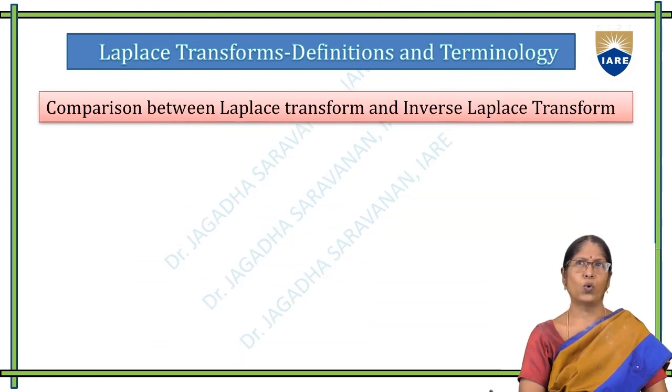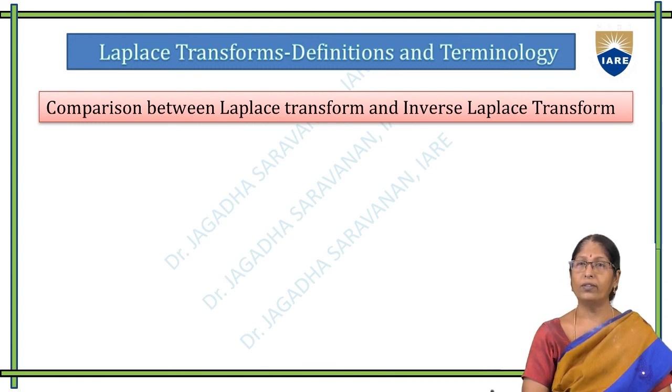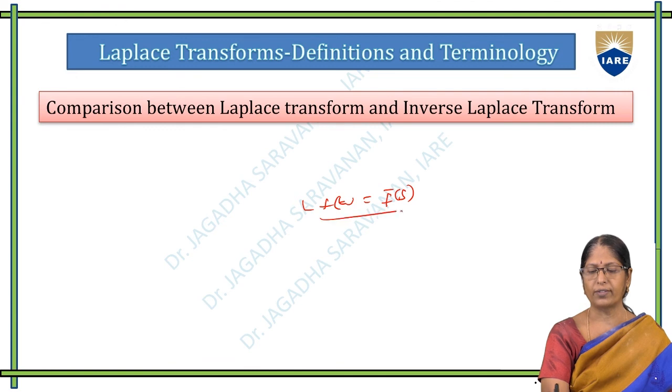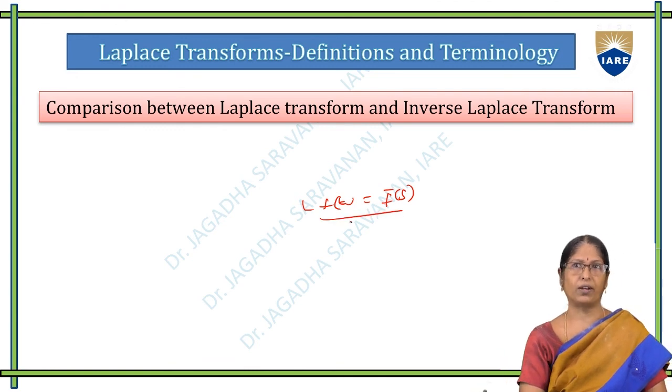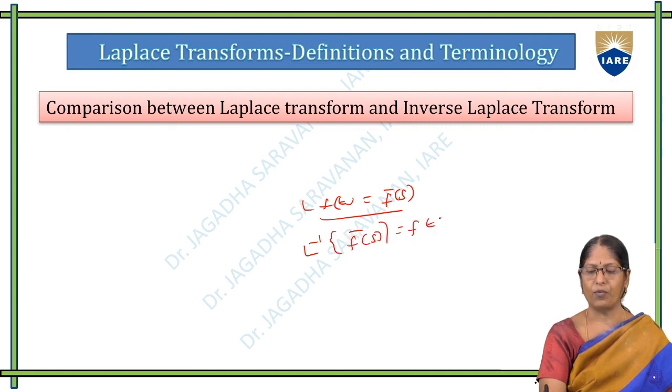So far we discussed Laplace transform and inverse Laplace transform. One thing we have to say: Laplace L of f of t is equal to f bar of s. This is the notation we started with. L inverse of f bar of s is equal to f of t.